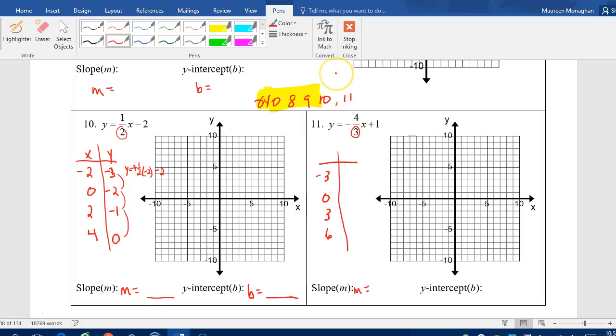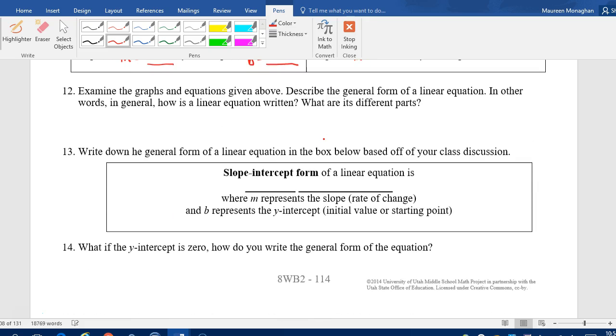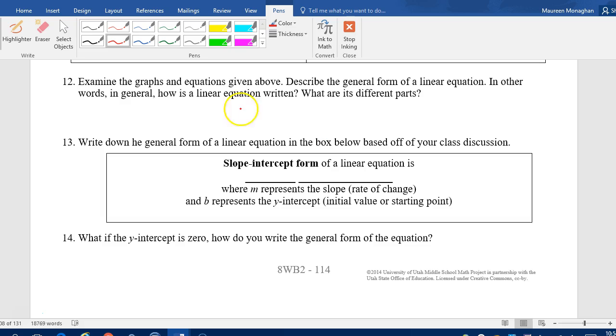Okay, let's summarize down here at the bottom. You can scroll this. Examine the graphs and equations given above. Describe the general form of a linear equation. In other words, how is a linear equation written? What are its parts? Okay, here we go. This is the truth about linear equations. It's going to be y equals mx plus b.